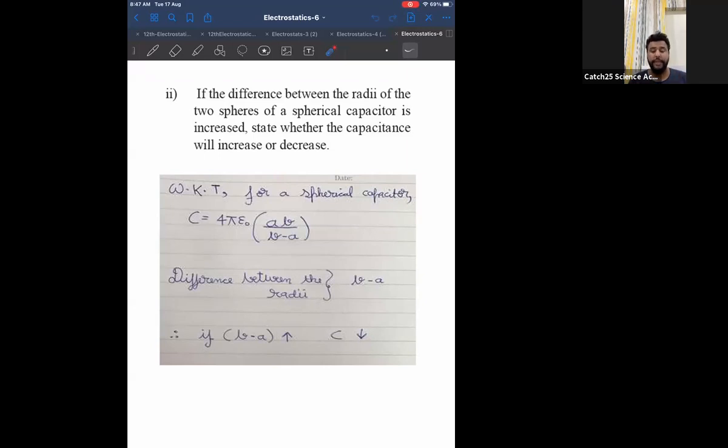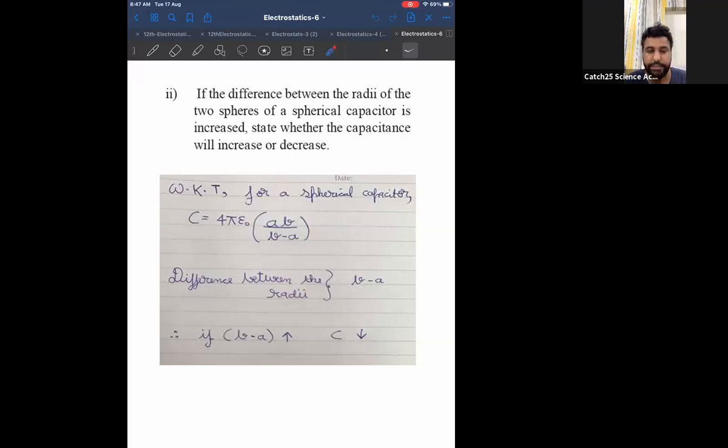This is the logic. Read the question, look at the answer that I have written and tell me if you have understood. This is how you write in the exam also. Check. And same way, if B minus A decreases, capacitance increases.